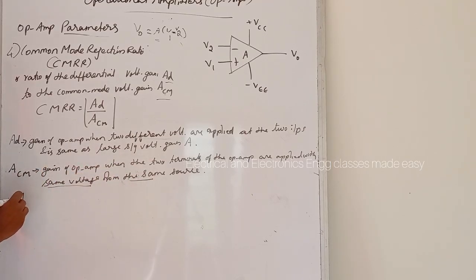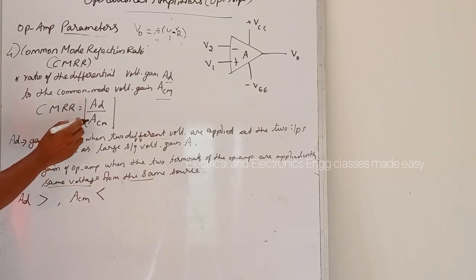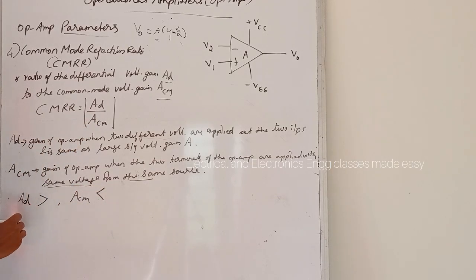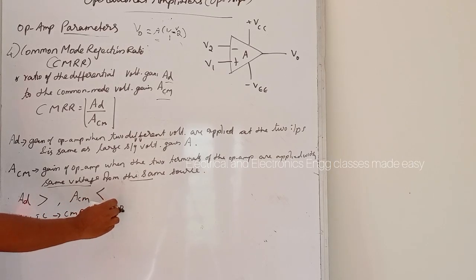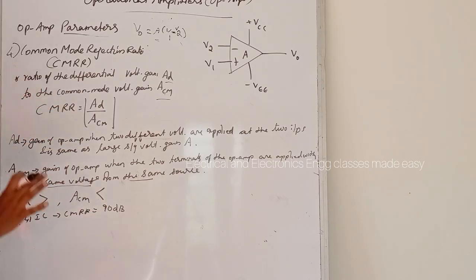Generally AD is very large and ACM is very small. So for the 741 IC, CMRR is equal to 90 dB. dB means decibel. So this is common mode rejection ratio.